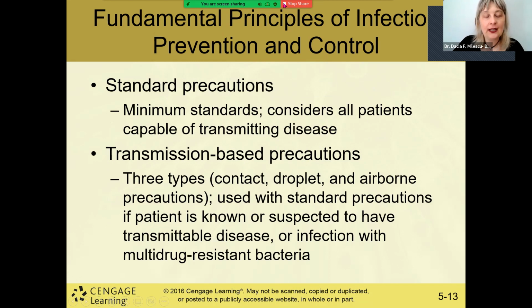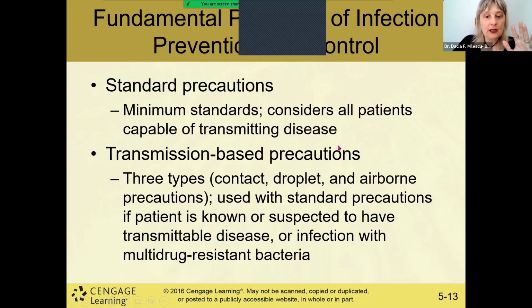Every single patient is a potential disease-causing source, okay? So the way that patients transmit disease is direct contact, droplets from speaking to them. Airborne precautions must be taken if you have suspicion of a particular respiratory disease, right?